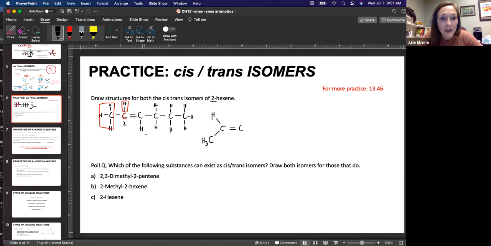Off of carbon 3 here, what do I have? I have a hydrogen off of carbon 3, and what is this group? We're going to treat this as a whole group. What is that? Anybody know?